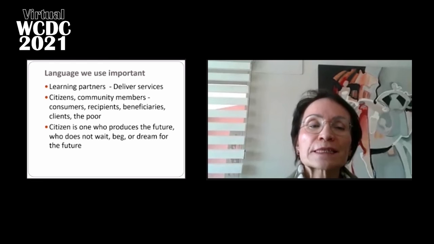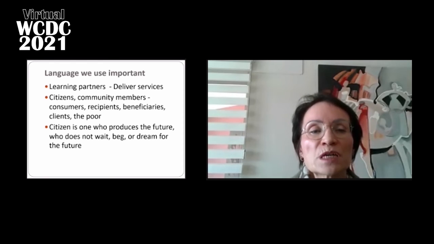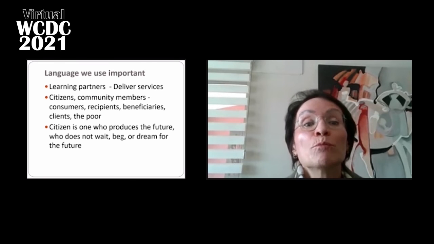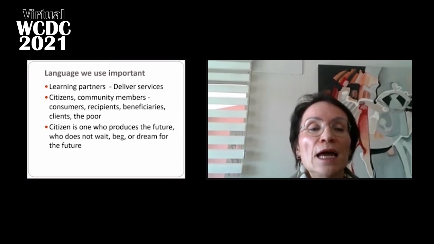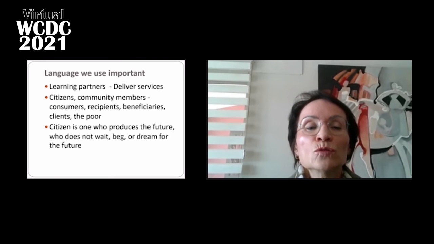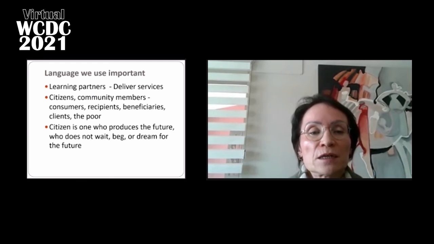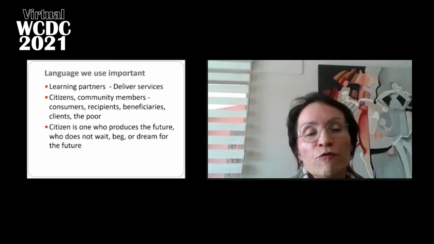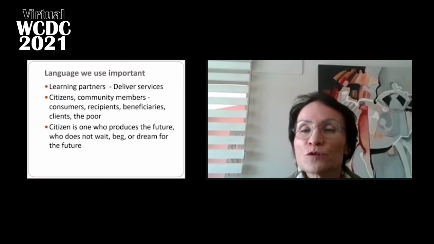We talk about citizens, community members, not consumers, recipients, beneficiaries, clients, the poor. We talk about citizens, which is a person who produces the future and who does not wait or beg or dream for the future. A citizen produces the future.